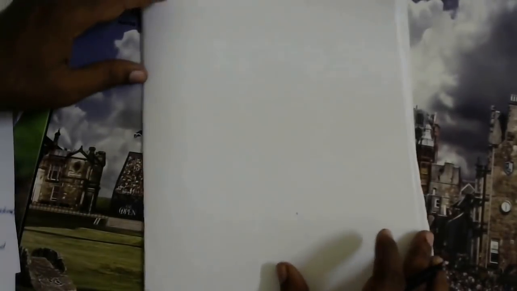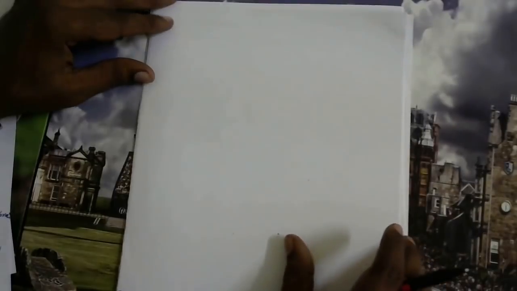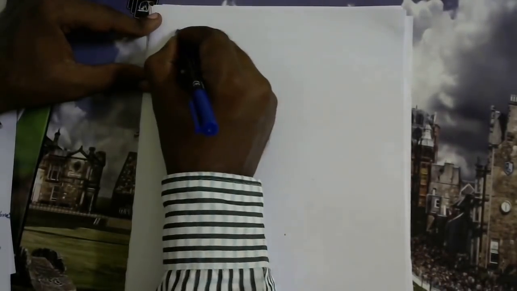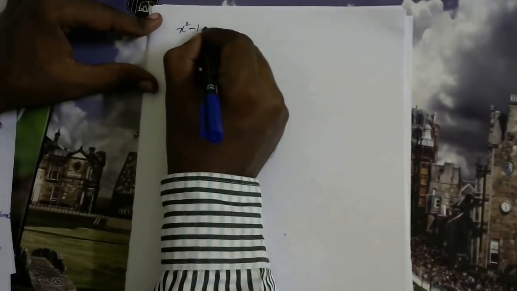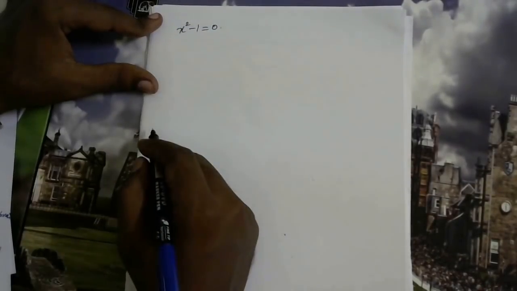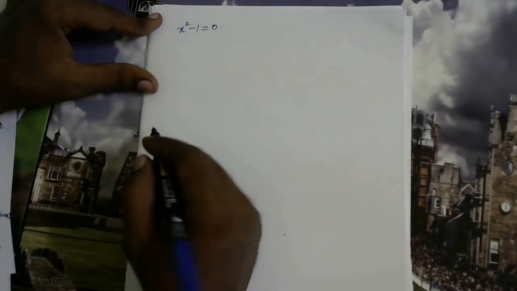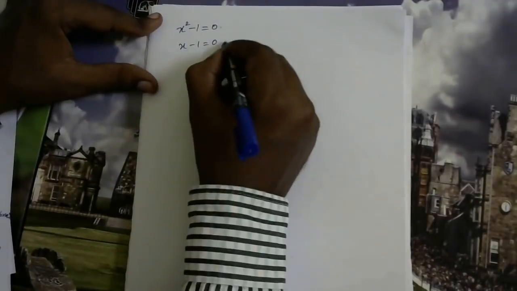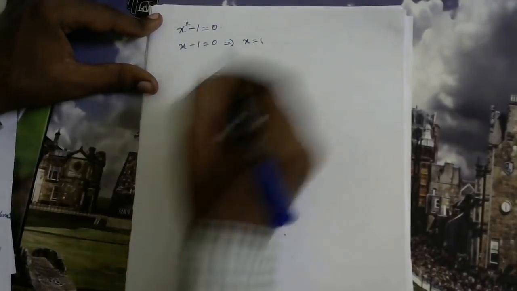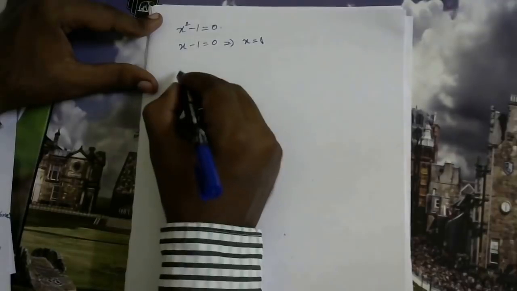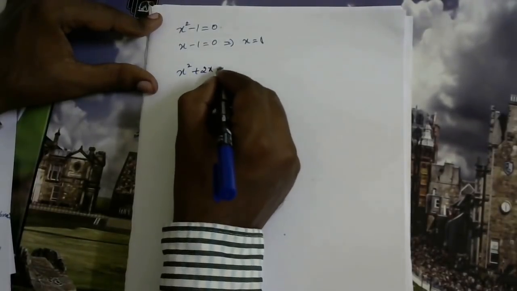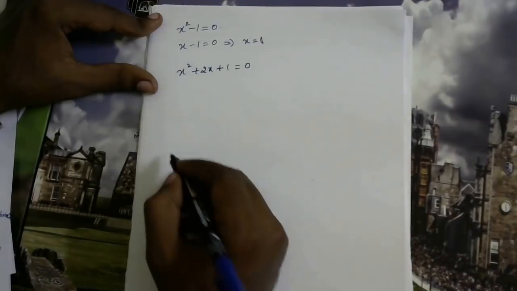Now, why do we need numerical methods? Can you solve this one? x square minus 1 equals 0, or here x minus 1 equals 0. Yes, you can solve. So x is equal to 1 you'll get. And here x square plus 2x plus 1 equals 0.